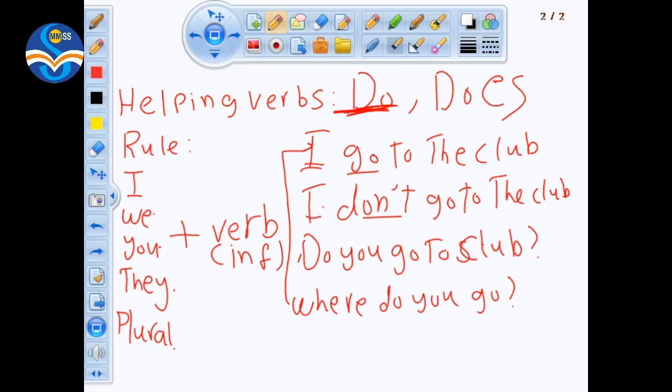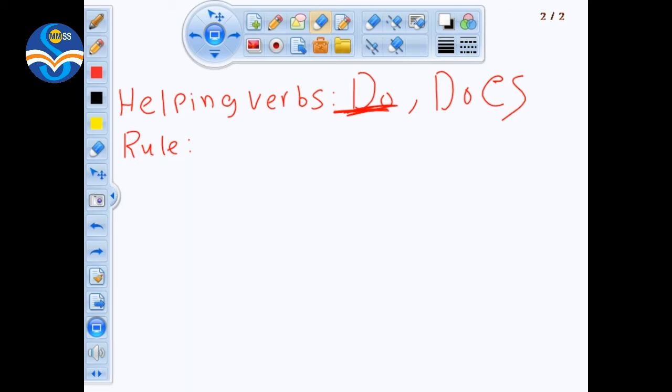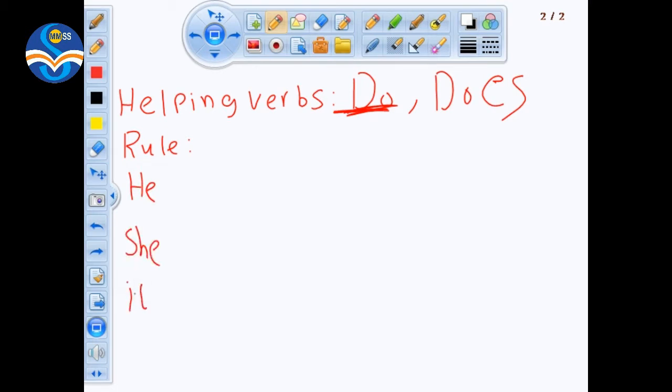So, what about the other part, which is he, she, and it? Let's write the subjects we have: he, she, and it, and of course any singular. If I'm speaking about he, she, it, or any singular, of course I'm speaking about subjects that use does.